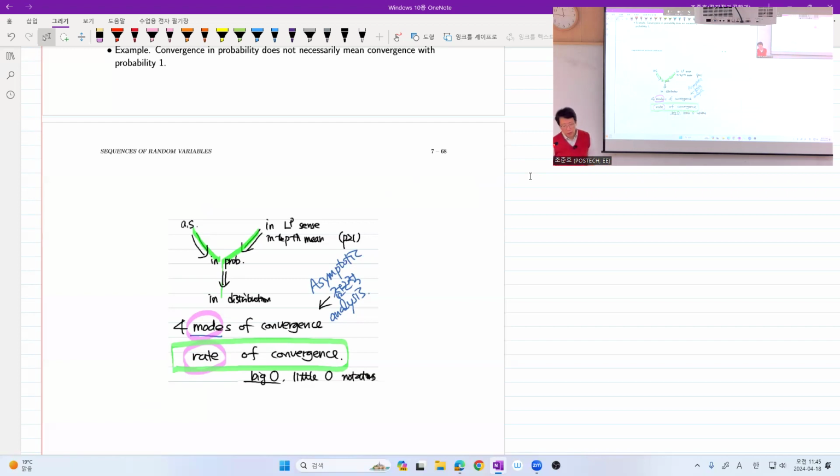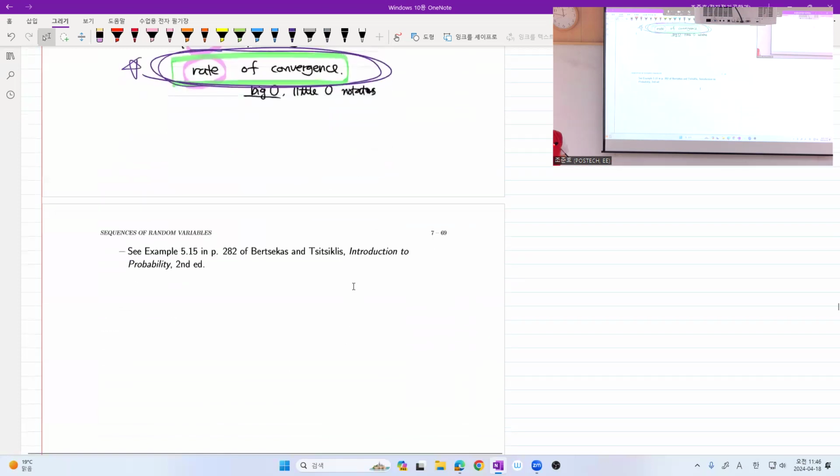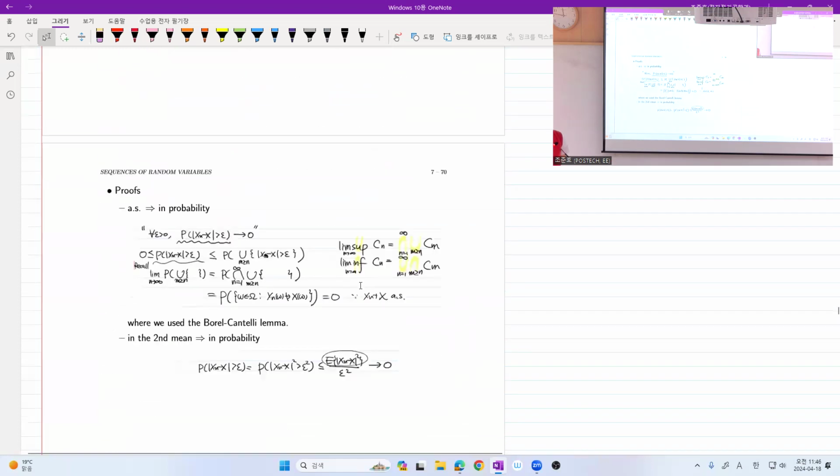So not only finding the limit, but also finding the rate of convergence is often very important in mathematical analysis, and that translates to performance analysis in electrical engineering. If you want to do research in this area, you need some background knowledge in real analysis and measure theory.